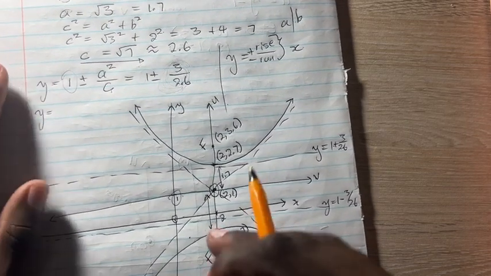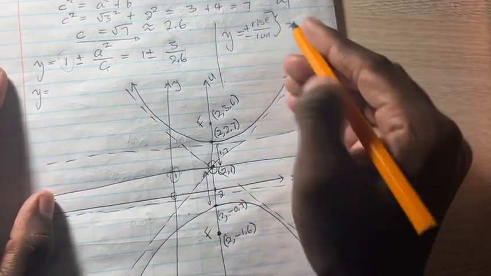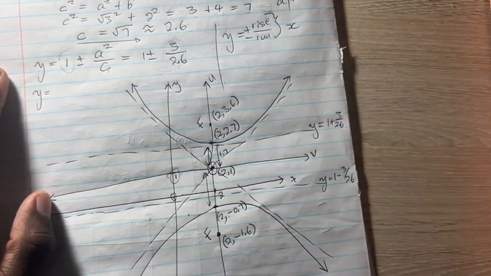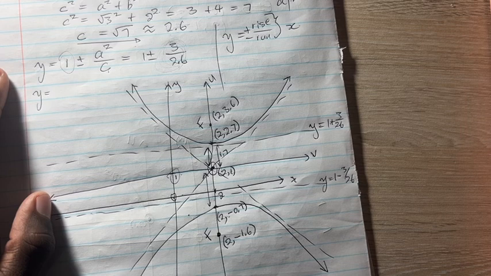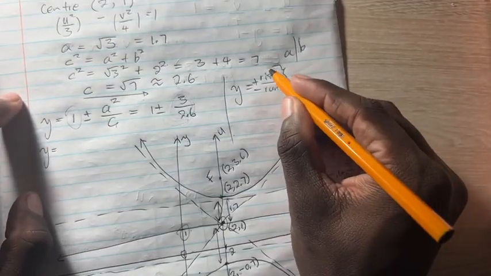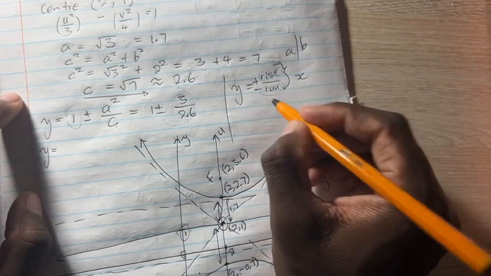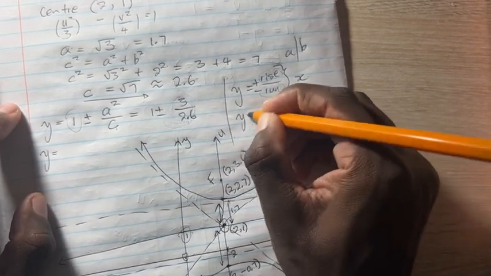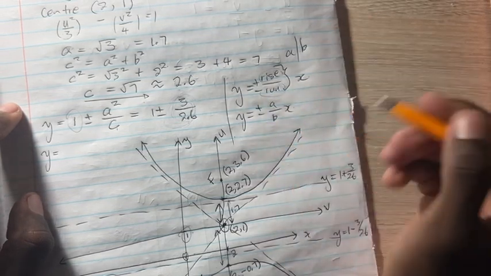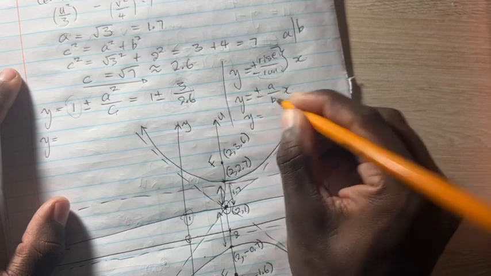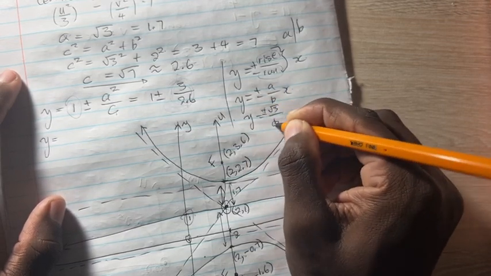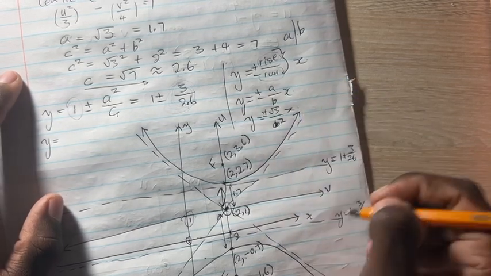So to find our asymptotes here, this distance is A. Since A is a distance that is going up, that means your rise has to be A, and your run has to be B. Y equals plus or minus A over B X. And then you just substitute your A and B. Our A was √3 over B. Oh, no, our B was 2x.